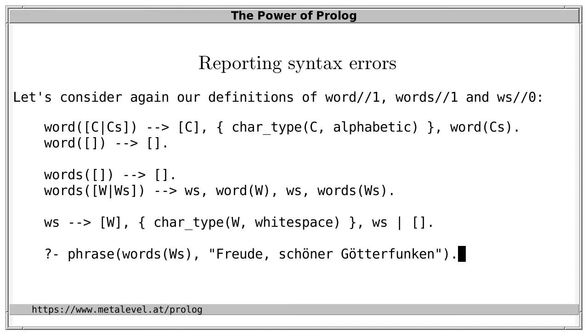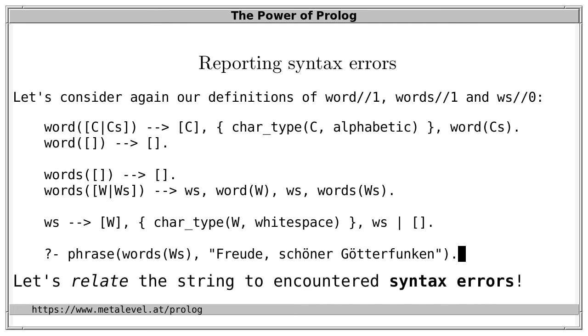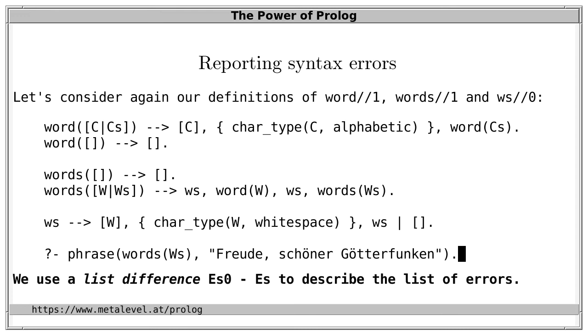But let's return to the original definition and let's relate the string to the encountered syntax errors. So we want to turn this into a relation between a string, a list of words, and syntax errors, if any. And let's use a list difference between Es0 and Es to describe the list of errors.